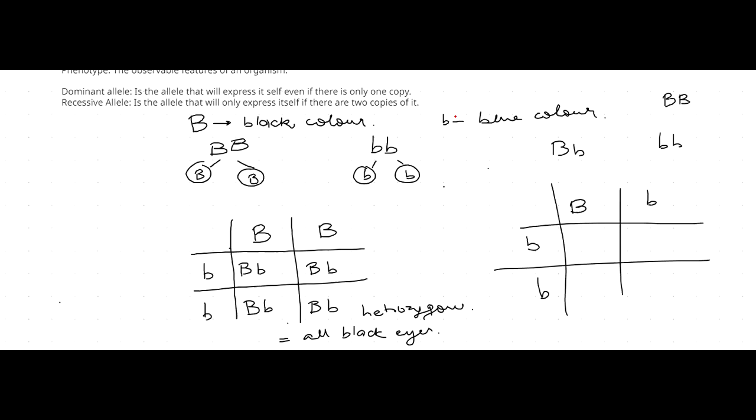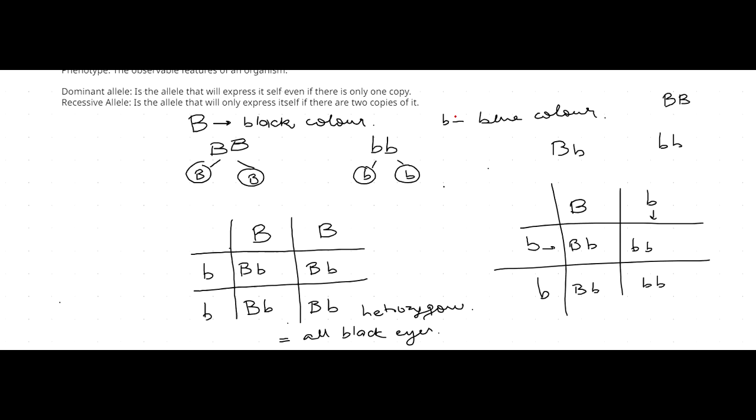The child will get the capital B from the father and the small b from the mother. In the second block, you can see that I'm getting small b from both the parents. In the third block, capital B from the father, small b from the mother. And in the last block, we will have small b again.